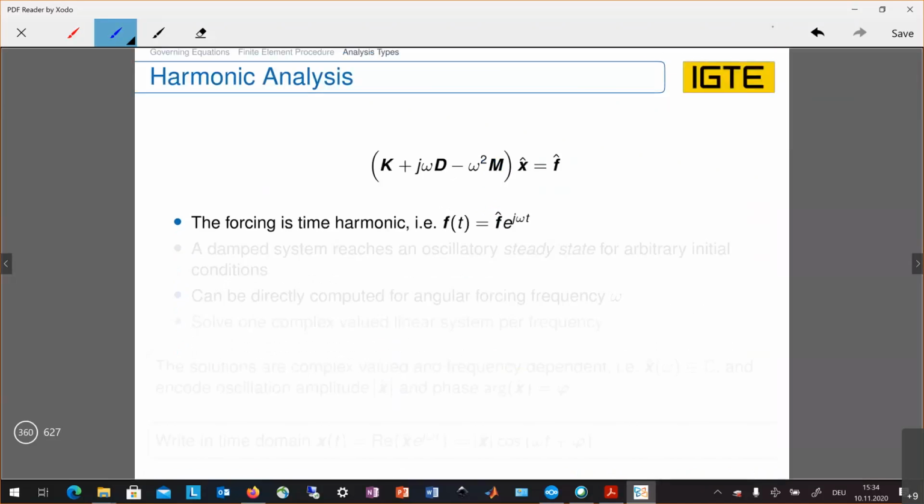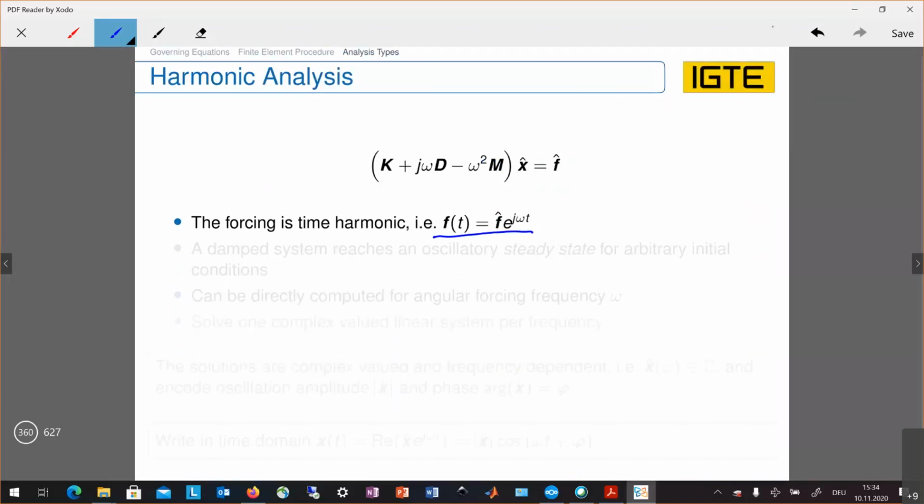Okay, the second case is this harmonic analysis. That's an analysis we extremely like to do also for electromagnetic systems, and that is also very often done for mechanical systems, especially in such a case that we can express our forcing as a time harmonic forcing as written here.